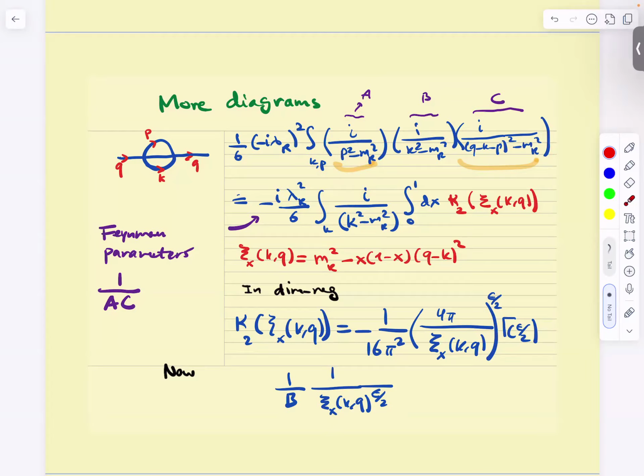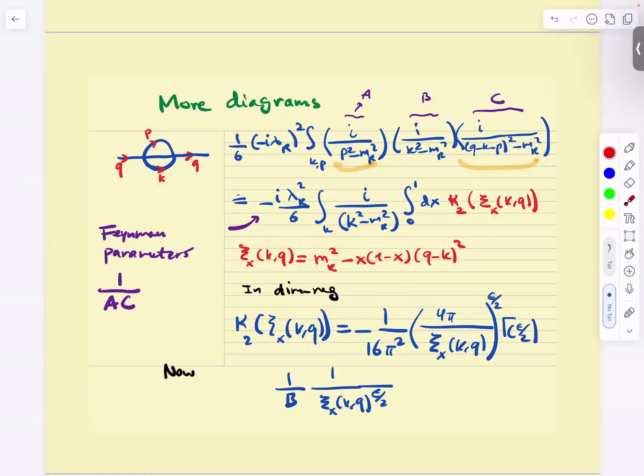We would just use Feynman parameters, right? So these two, we write them as 1 over AC. You introduce an integral over x, you combine the two together, and then you define this new variable, as we did last time, so that you can use the standard Feynman parameters.